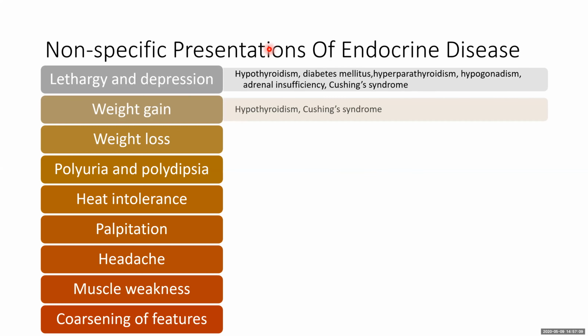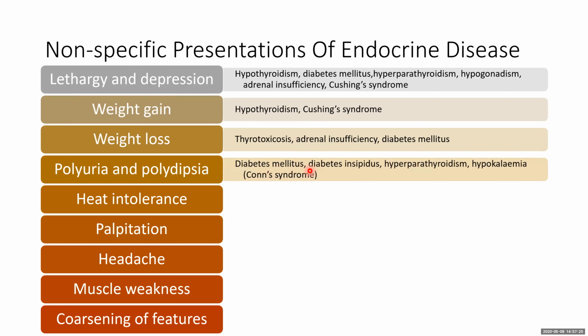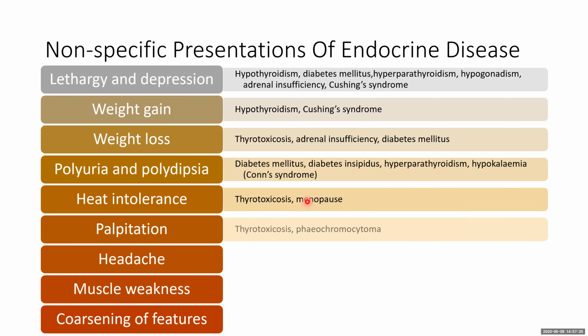Weight gain may be hypothyroidism and Cushing. Weight loss may be thyrotoxicosis, adrenal insufficiency, diabetes mellitus. Polyuria and polydipsia may be diabetes mellitus, diabetes insipidus, hyperparathyroidism, hypokalemia in Conn's. Heat intolerance is seen in thyrotoxicosis and menopause, cold intolerance in hypothyroidism. Palpitation in thyrotoxicosis and pheochromocytoma.